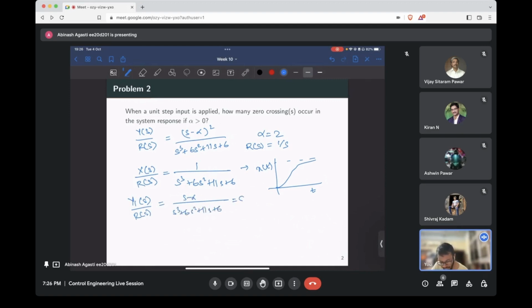This is the G1 that we took in our figures in MATLAB. Then y1 of s is nothing but s minus alpha times x of s. Is that correct? Now this is just s times x of s minus alpha times x of s. If you take the inverse Laplace transform, we get x dot of t minus alpha, which is 2 here, times x of t. So is it clear till now?